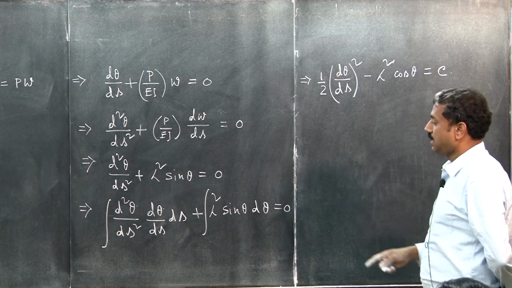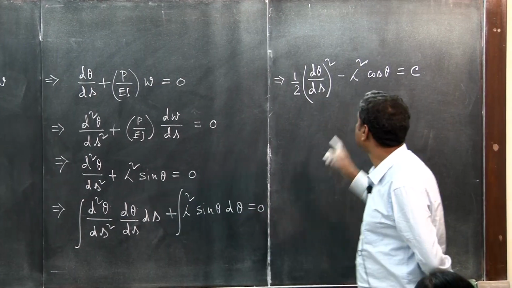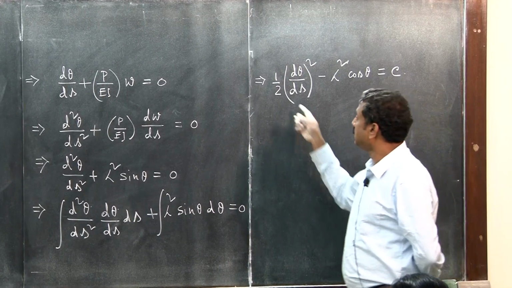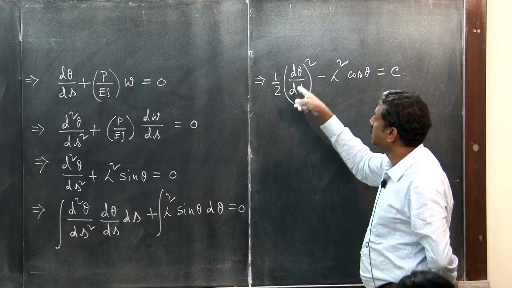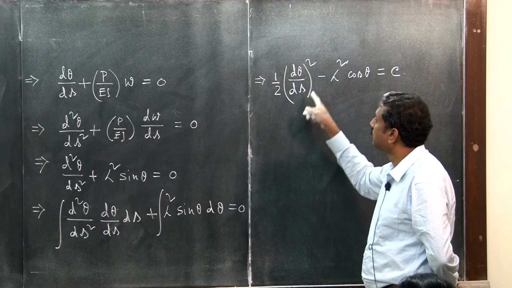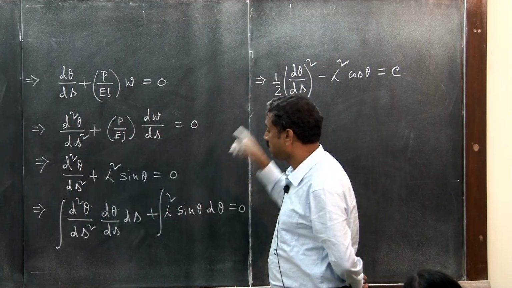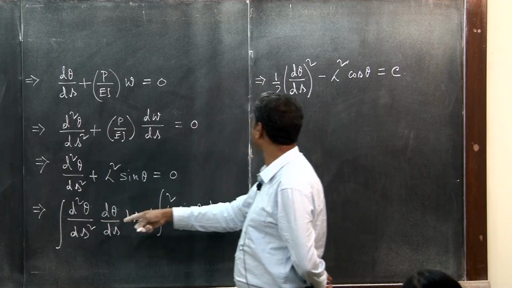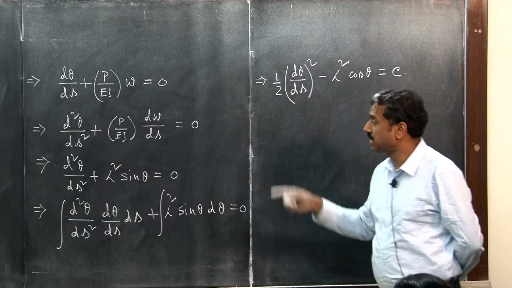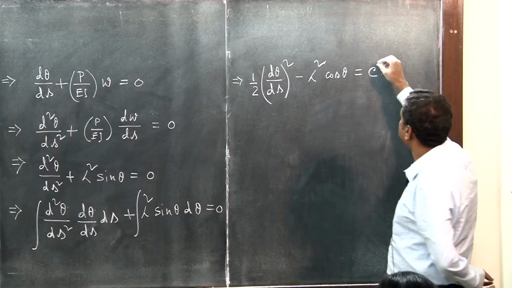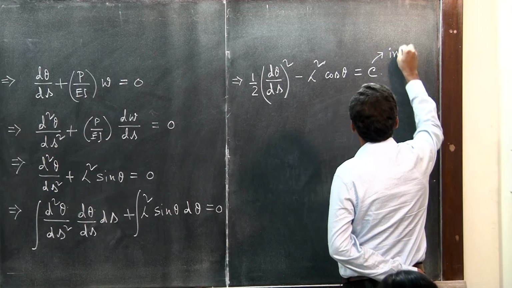Integration of sine theta d theta is nothing but minus cos theta, right? Because if you differentiate (d theta ds) squared, you get 2 d theta ds times d2 theta ds2, so the 2 will cancel out. On integrating, C is the integration constant, right?